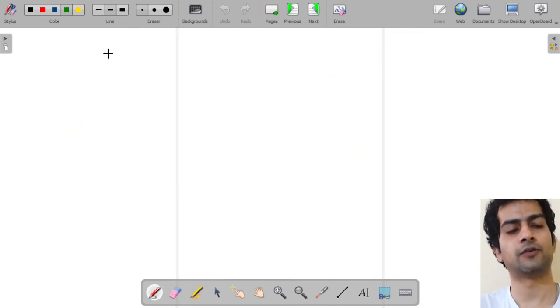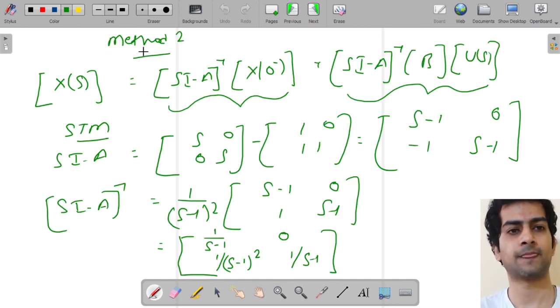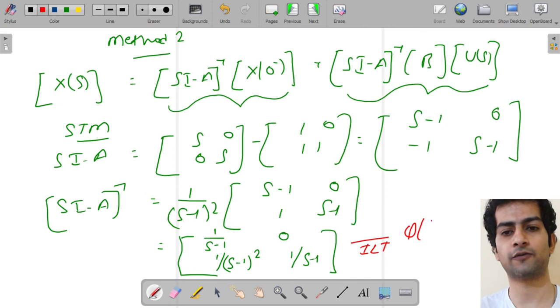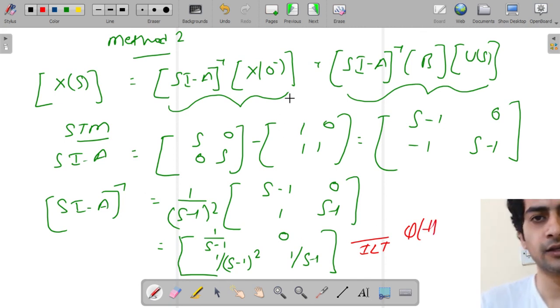Now if we want to find phi(t), then we have to take the inverse Laplace transform of this. So we will find phi(t).